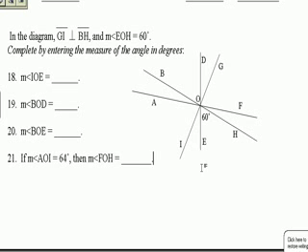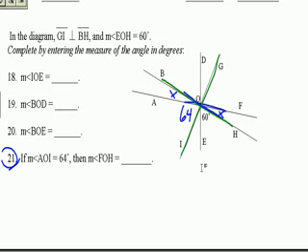Let's just redraw here. We're told that for number 21 this angle, AOI, is 64, and we want to find this. I think the easiest way is to use our vertical angles. And then remember that these two lines are perpendicular. So what is the relationship between 64 and x?